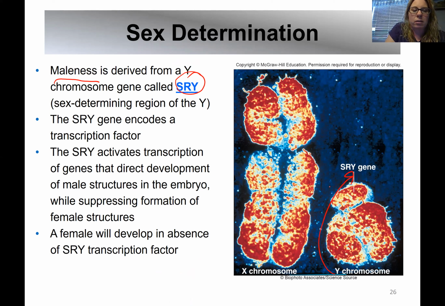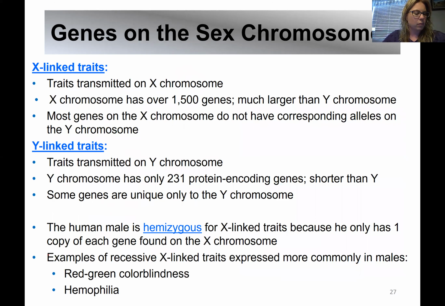This SRY gene codes for a transcription factor, which is really a protein that directs male structures to develop within the embryo and later the fetus, while suppressing female structures. So in the absence of this gene or the protein that the gene makes, the embryo and fetus will develop into a female.